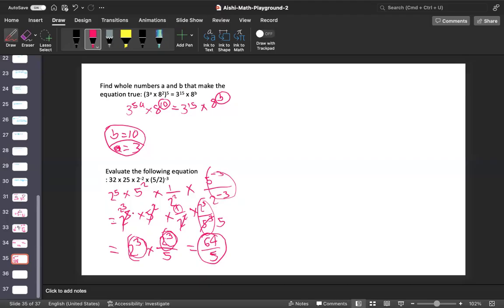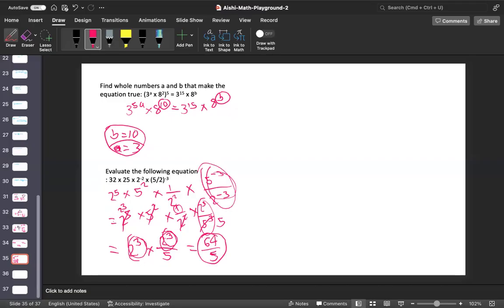Okay, so we have 2 to the power of 5 times 5 to the power of 2 times 1 by 2 to the power of 2 times, we can turn this again into 2 to the power 3 divided by 5 to the power 3 using yet again one of our other laws.